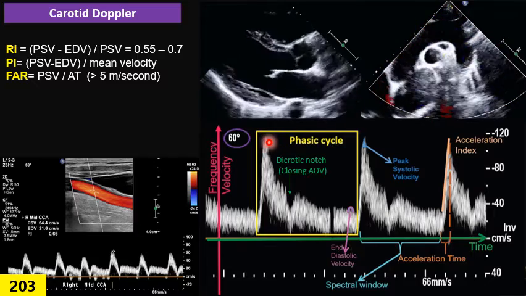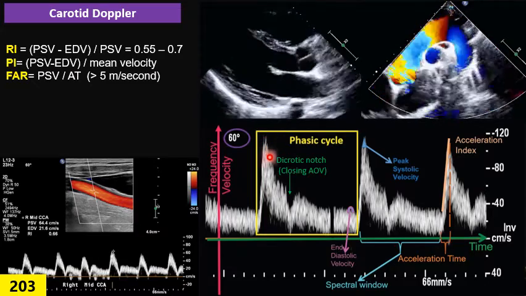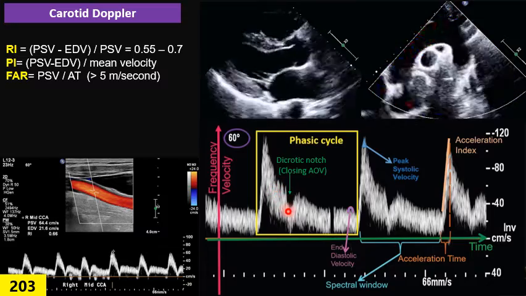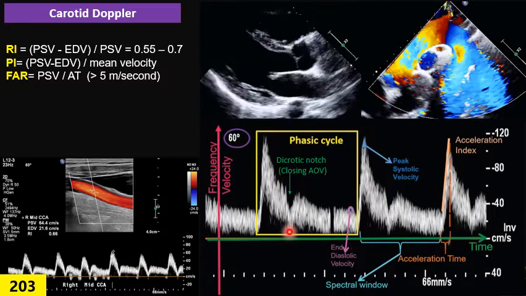After that, the blood flow slowly decreases and finally comes to the zero baseline.